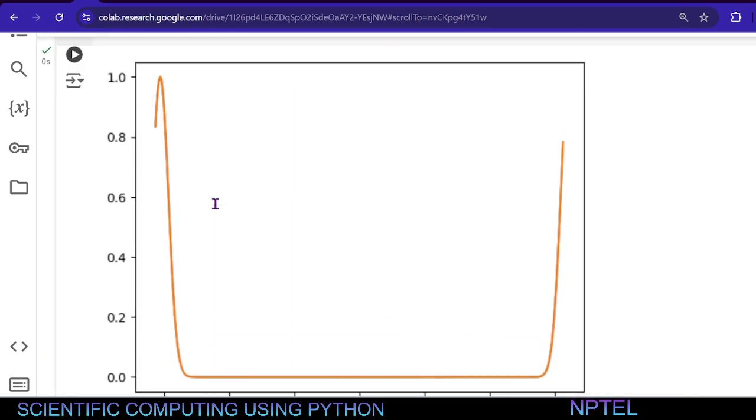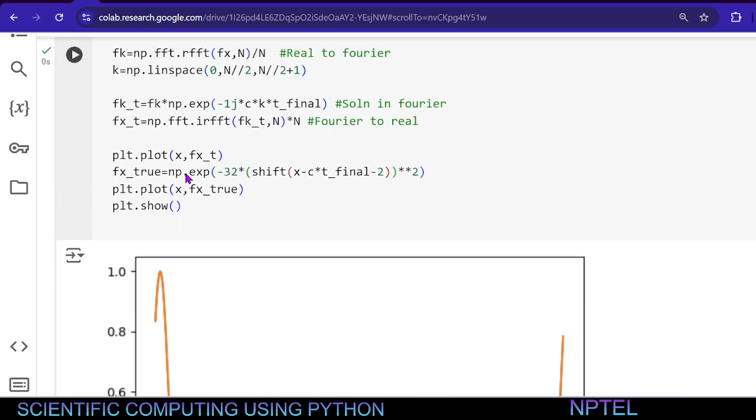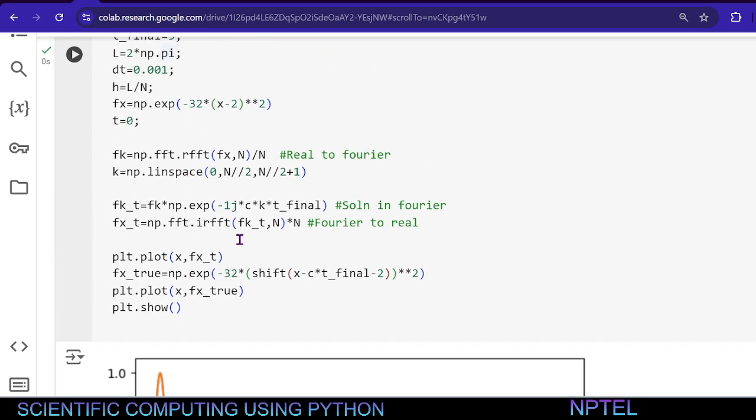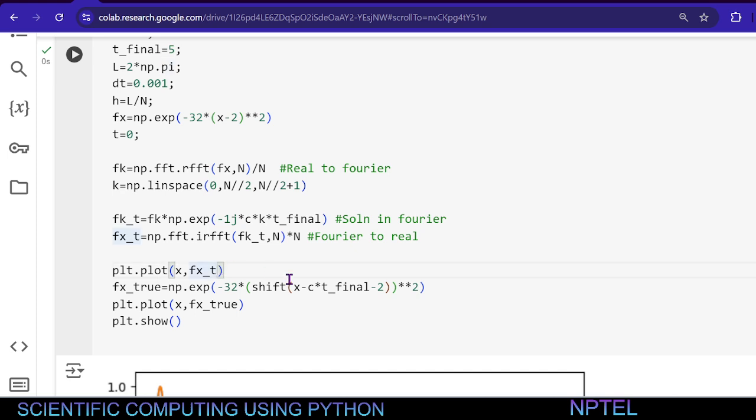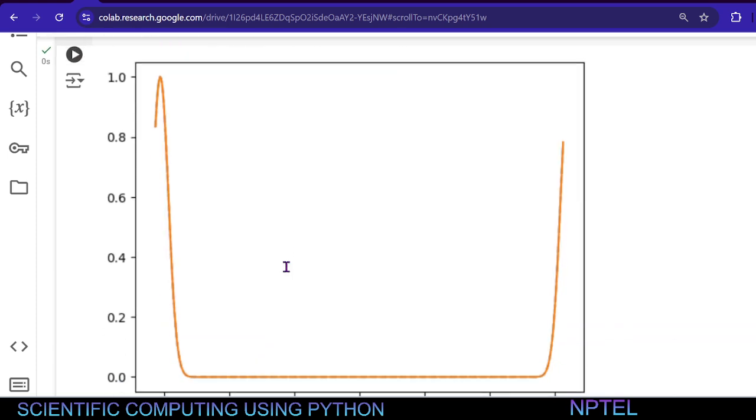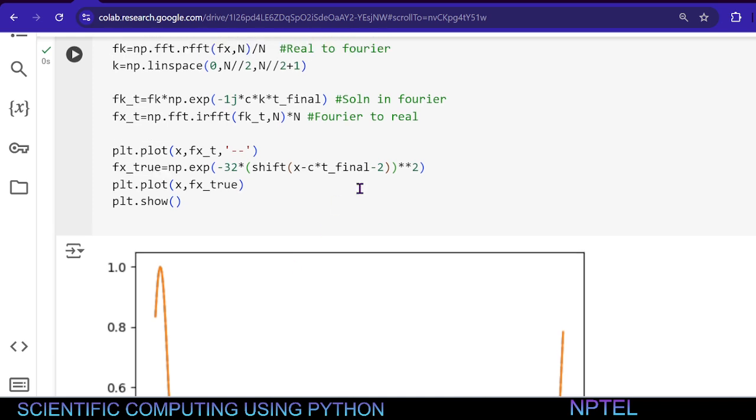Yeah, and you can see both of the colors, right? So maybe we can make one of them dashed lines. Oops, I should make the second one dashed, so that the other one is visible.